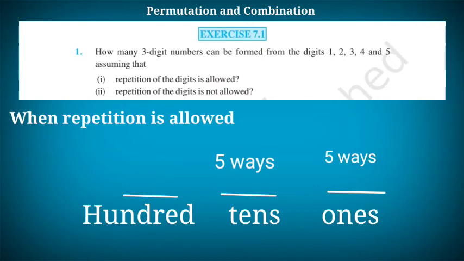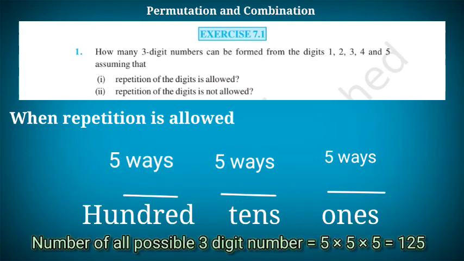So all the 5 numbers are available for selecting the tens place digit. Similarly, when the repetition is allowed, the hundreds place can also be selected in 5 different ways, because all the 5 digits will be available for the hundreds place also. So in how many ways can that 3-digit number be formed? 5 into 5 into 5, that is 125, will be the answer. So there are 125 3-digit numbers that can be formed.